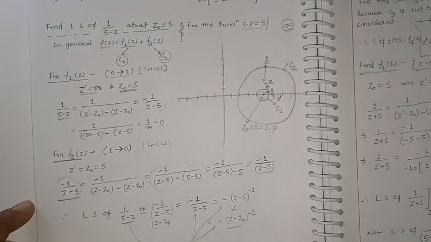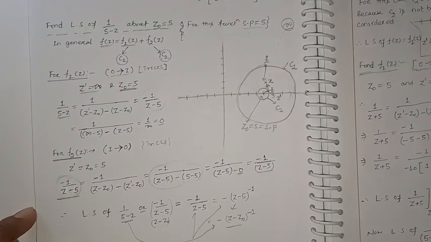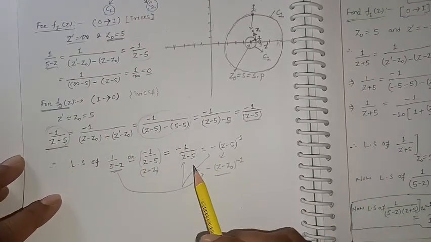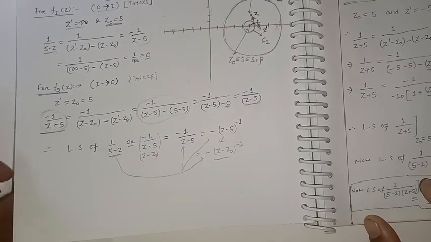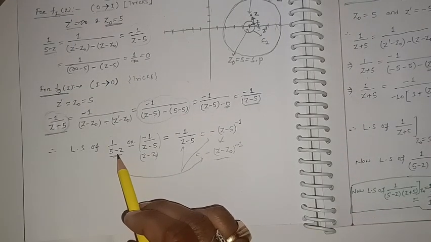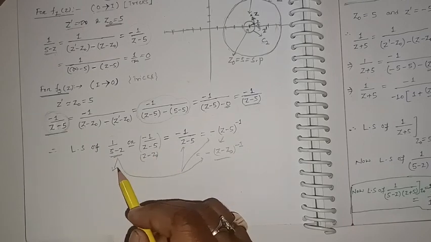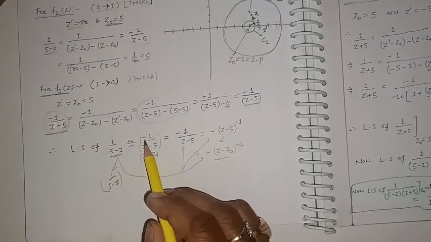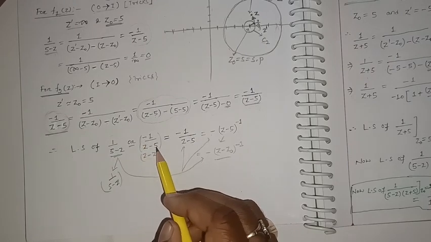So hence the Laurent series of 1 by 5 minus z will be equal to 1 by 5 minus z, right? So this can be written as 1 by 5 minus z, or we can write minus 1 by z minus 5.